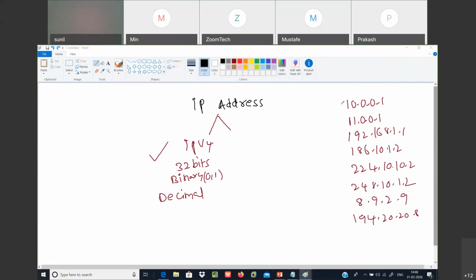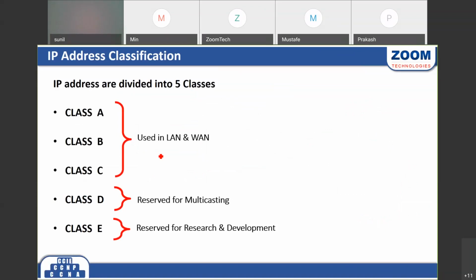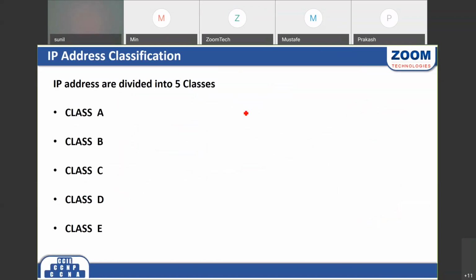The first IP address, 10.0.0.1: is it Class A, Class B or Class C? Second one, is it Class A, B or C? How can we identify? Based upon ranges.